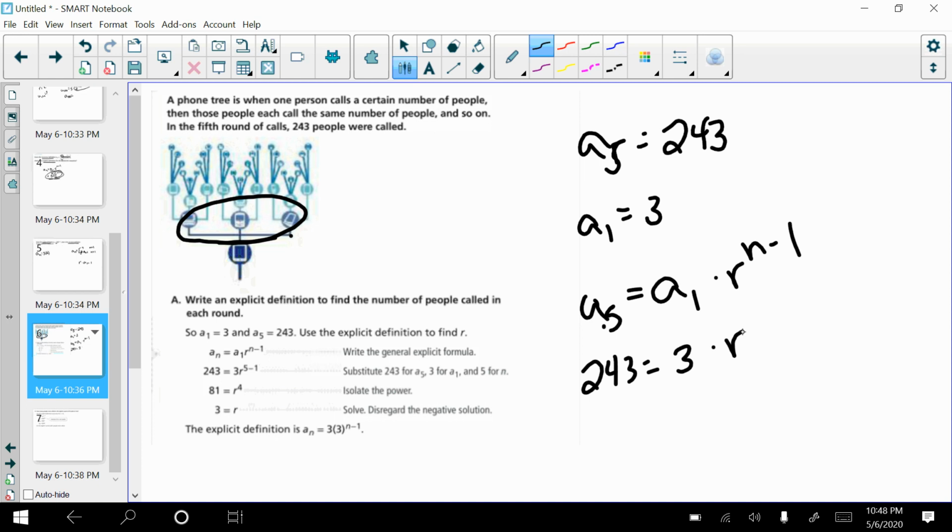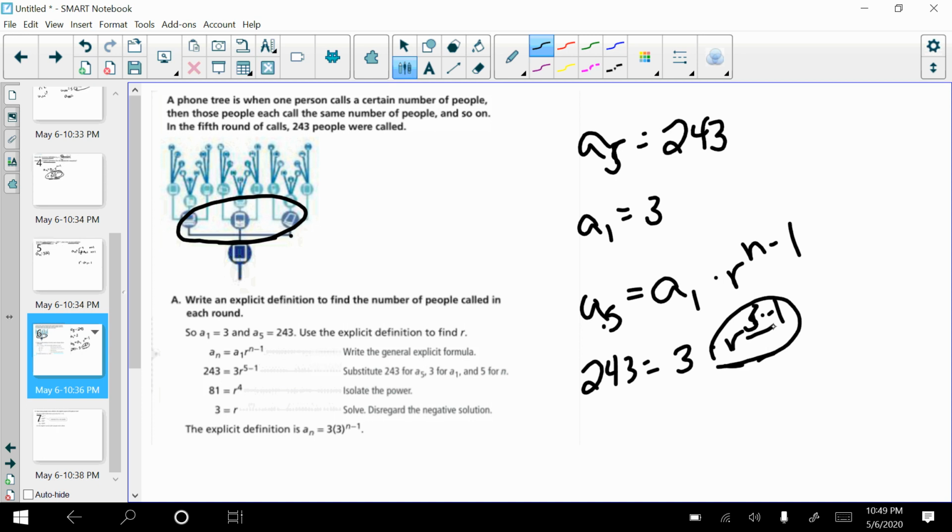I'm going to times that by R to the 5 minus 1. So I'm going to work backwards to get R by itself. That's kind of what we've done on the last couple of things.